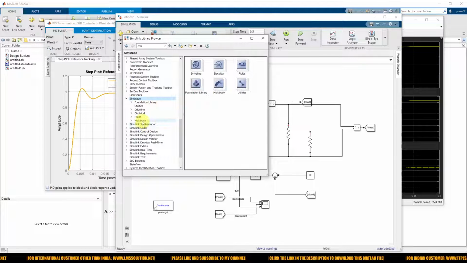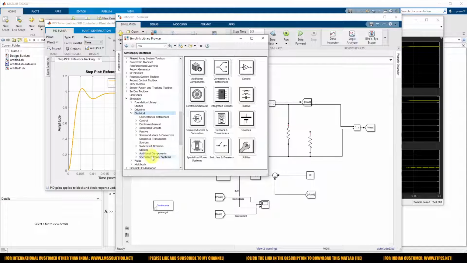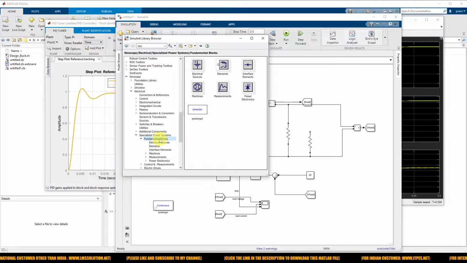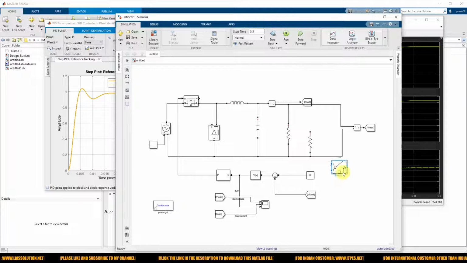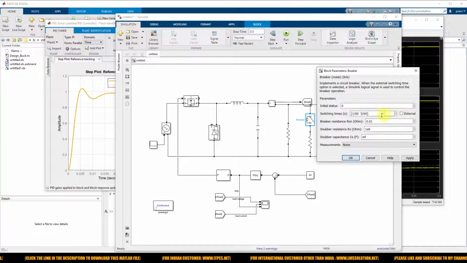Go to Electrical, Specialized Power Systems, Fundamental Blocks, Elements. Here you can see the breaker, this one. You use this now to vary the load. You just have to connect this one here and then connect here. I'm going to use internal timings.